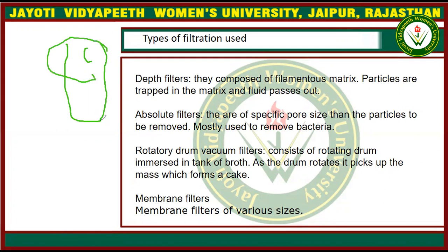When they rotate, the particles, such as that, this is the drum and it is rotating in a direction, and when it is rotating there is a formation of cake at a particular area.